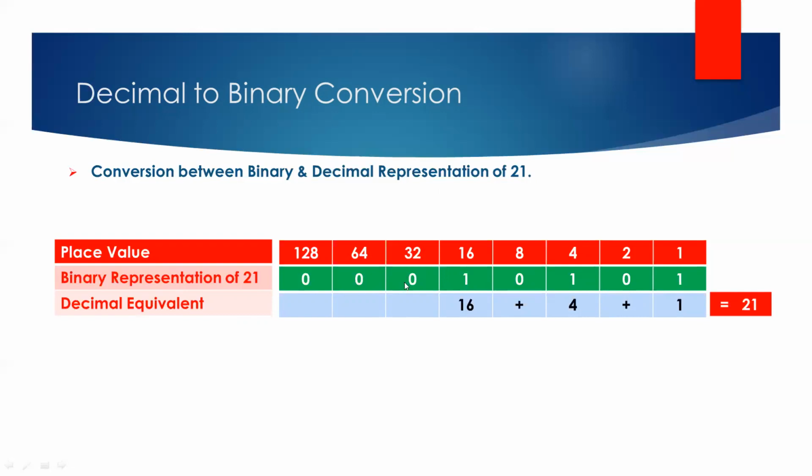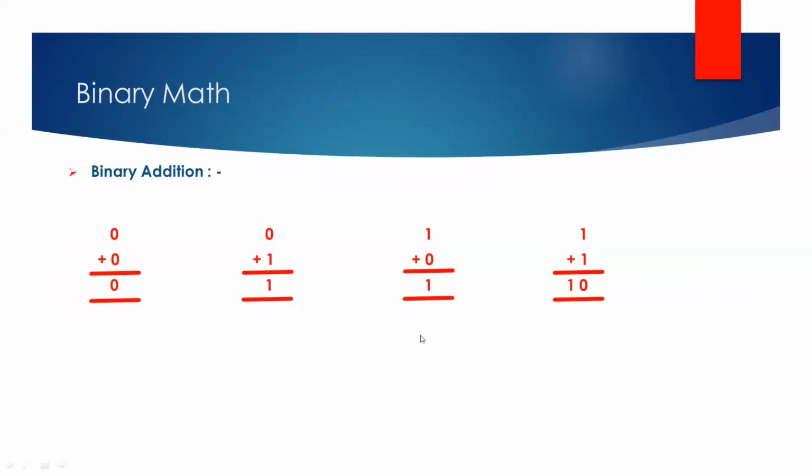So 00010101 is equivalent to 21 in binary. Now, binary addition, I hope you know: 0 plus 0 is 0, 0 plus 1 is 1, 1 plus 0 is 1, and 1 plus 1 is 10. This is the binary addition.